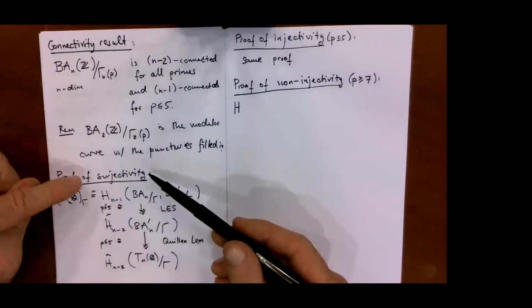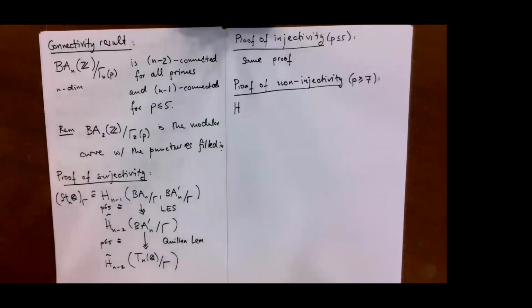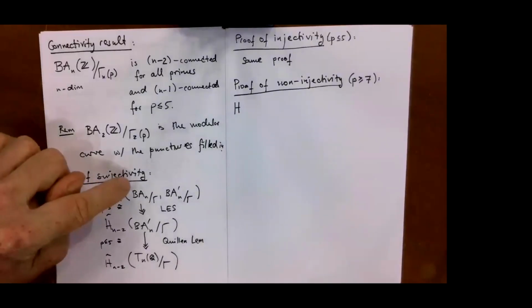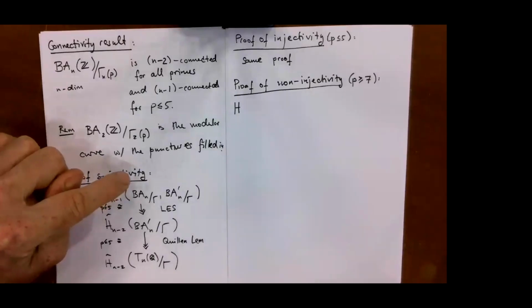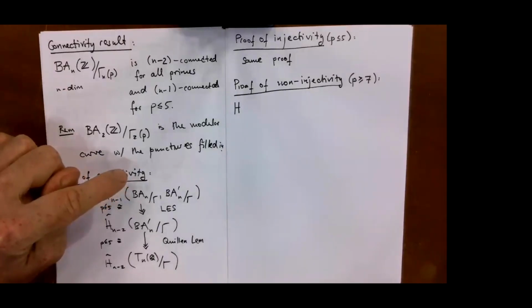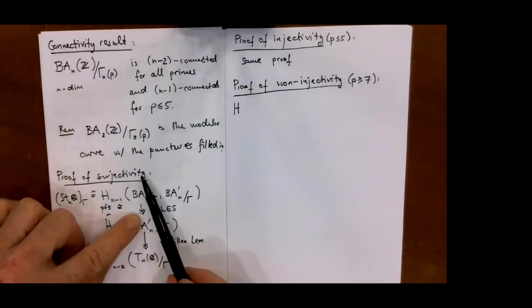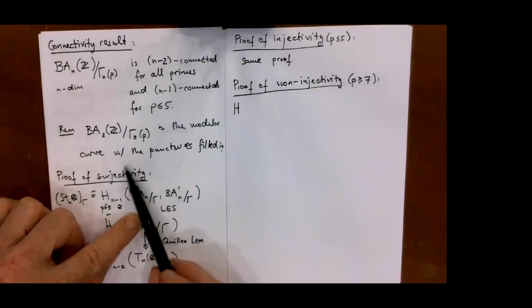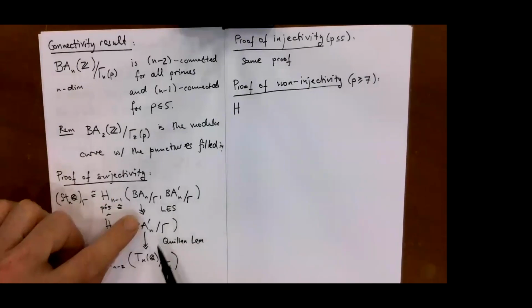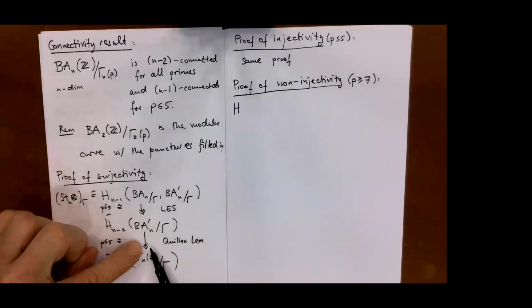We don't quite know if this is injective or not. Let me say the following. For n equals 2, this is not injective because we have exactly this homology coming from the genus right there for n equals 2, and then this is an isomorphism here.